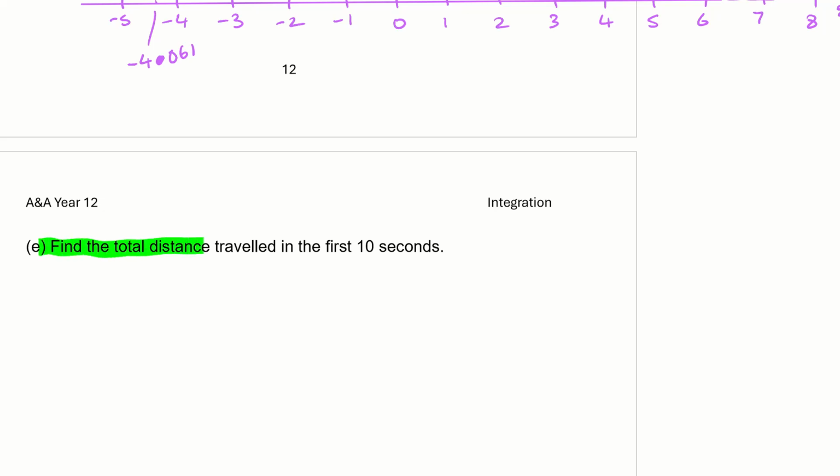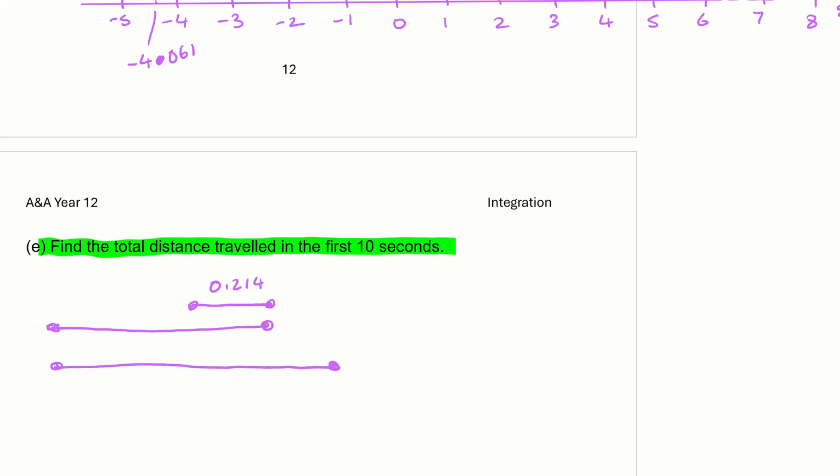Find the total distance travelled in the first 10 seconds. Well, we know that it started off with a motion where it went 0.214 that way, it then went back quite a long way that way, and then we want to know how far it's gone when t equals 10.